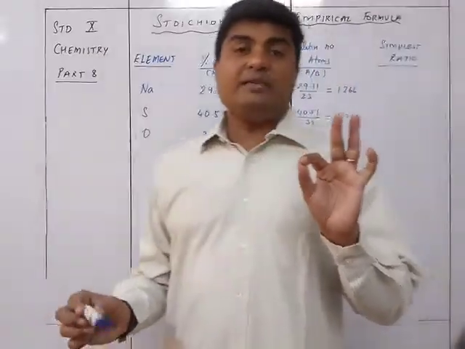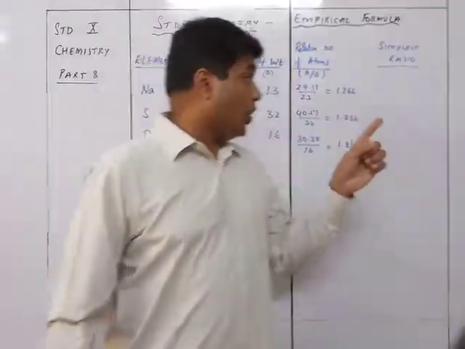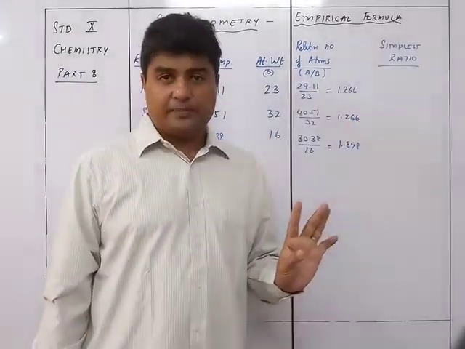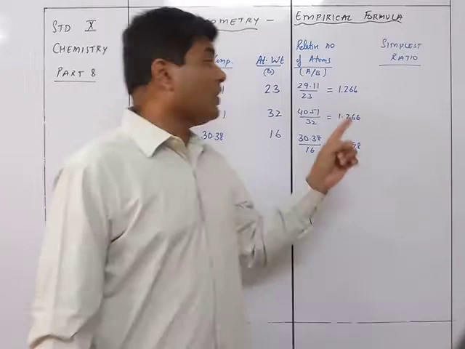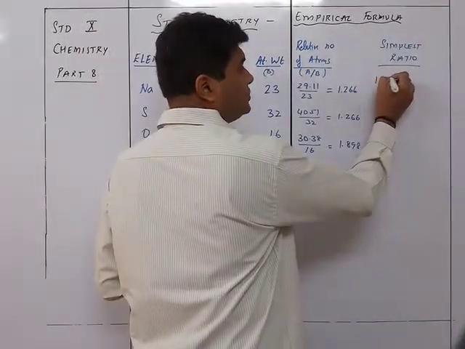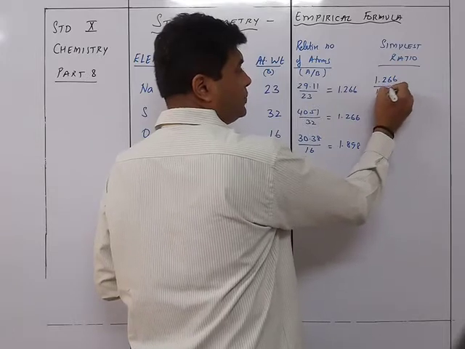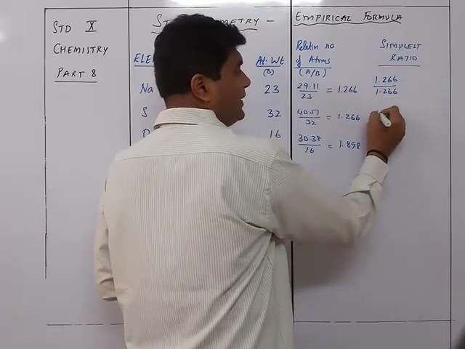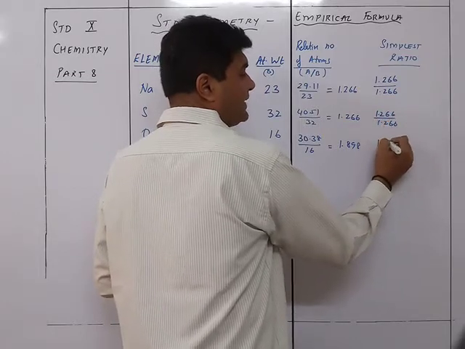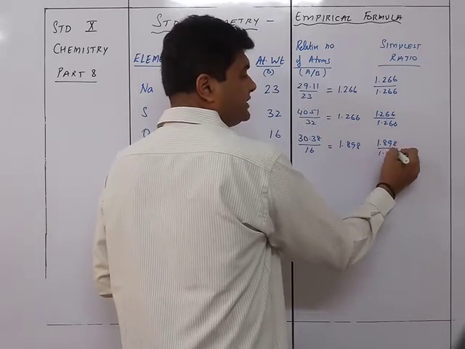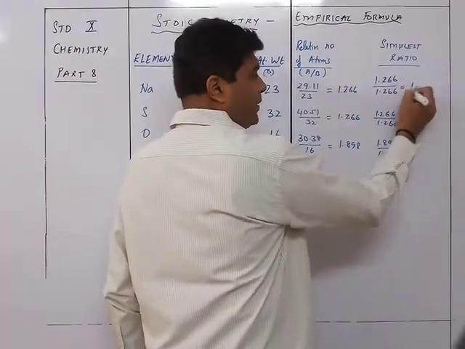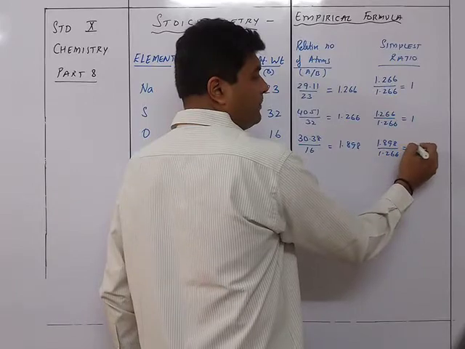The next step is that we are going to divide all these three answers by the smallest of all the three. The smallest of all the three is 1.266. So we will have 1.266 upon 1.266, this is 1.266 upon 1.266, and this is 1.898 upon 1.266. This will bring 1 over here, and this is 1.5.